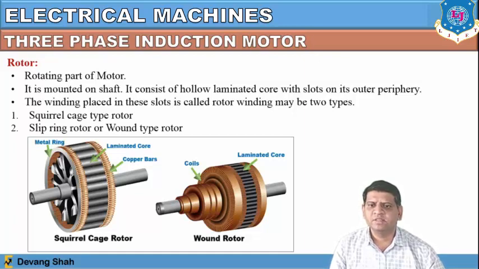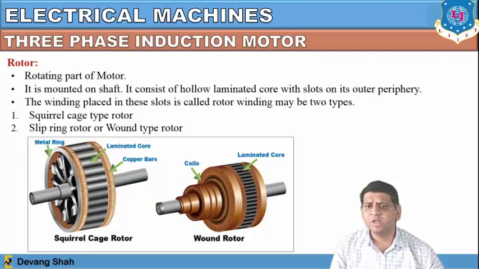So you can see this is a squirrel cage type of rotor where all the slots are available here, all these conductors are available here, and this rotor is kept on a shaft. Same way here. So there are two types of rotor inside this three-phase induction motor. One rotor type is a squirrel cage type of rotor, and another is called slip ring or wound type of rotor.